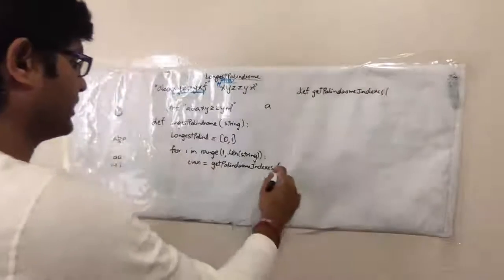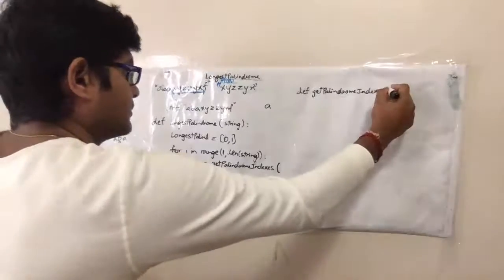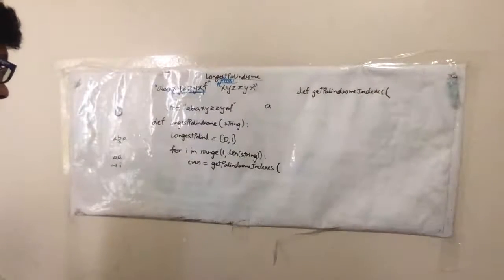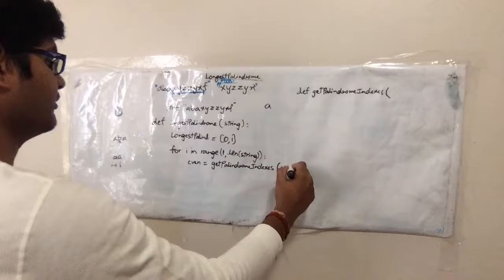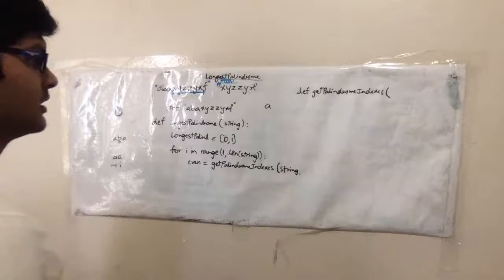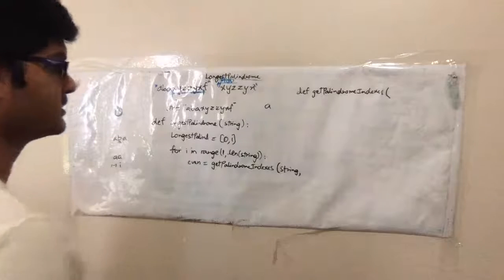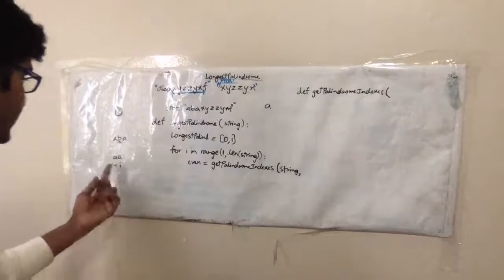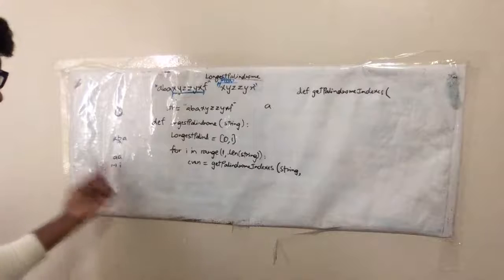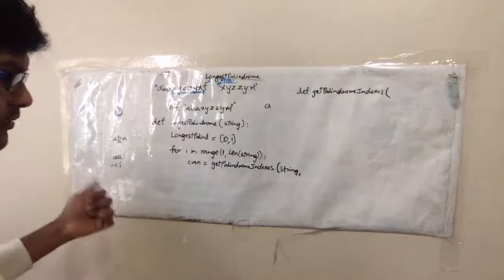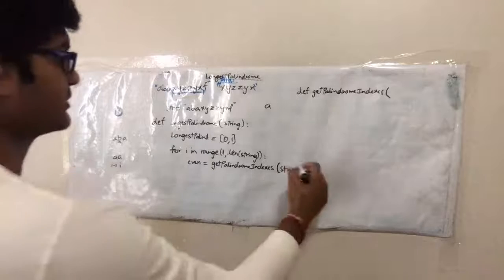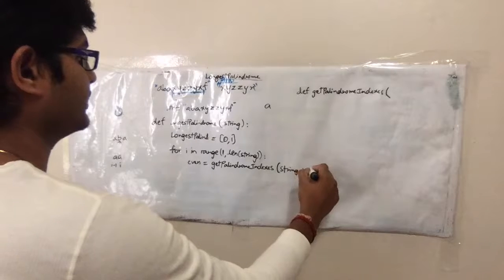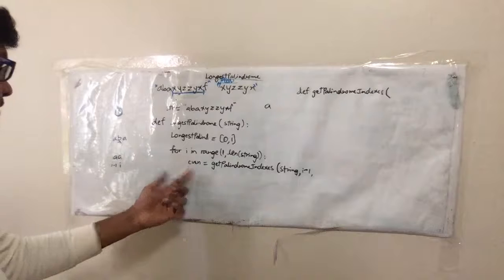I'm going to pass the input string, I have to pass definitely the input string for checking, and I will pass two more parameters, that is, as I just talked, I minus 1 and I. What are I minus 1 and I? This is the left index and right index, for an even string.